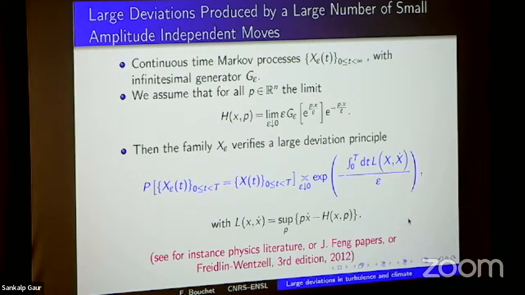Time translation. Oh, okay. So yes, if your process is homogeneous in time, if the transition probability depends only on the difference between times, then the Hamiltonian does not depend on time, and then you have a time translation symmetry of the action.